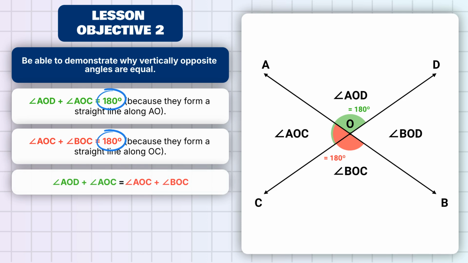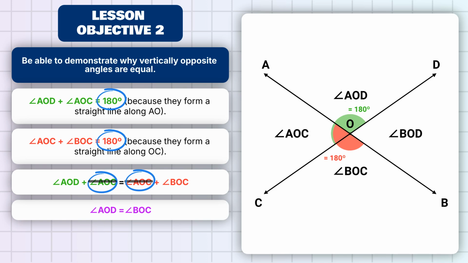So we can write that angle AOD plus angle AOC equals angle AOC plus angle BOC. Notice that both sides of the equation have angle AOC. By subtracting angle AOC from both sides of the equation, we find that angle AOD equals angle BOC. So this has told us that these vertically opposite angles are equal.